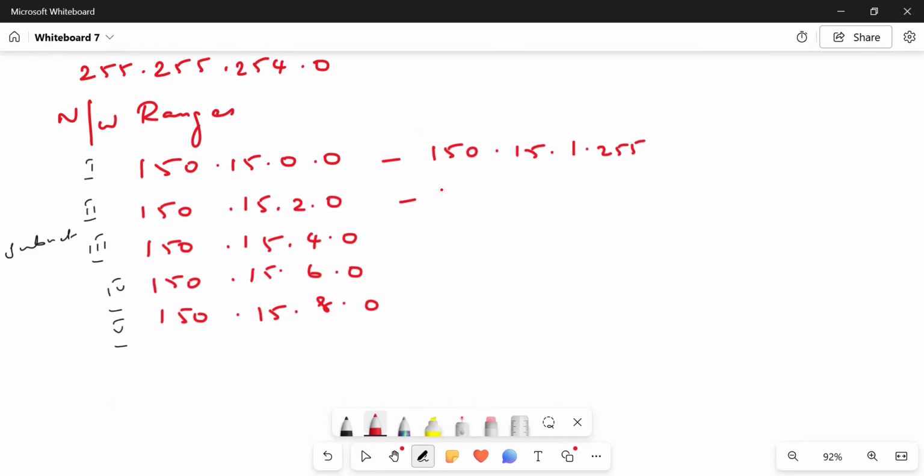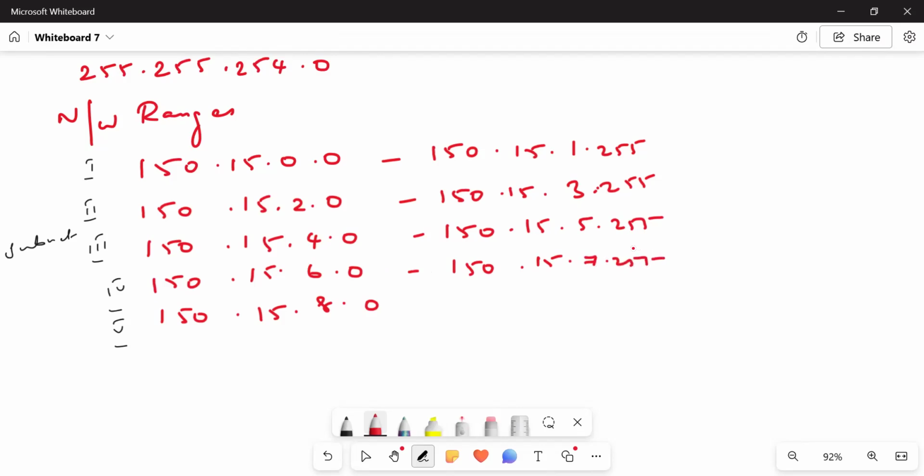Likewise here, 150.15.3.255. Likewise, 150.15.5.255, 150.15.7.255. Then 9.255 will go on.